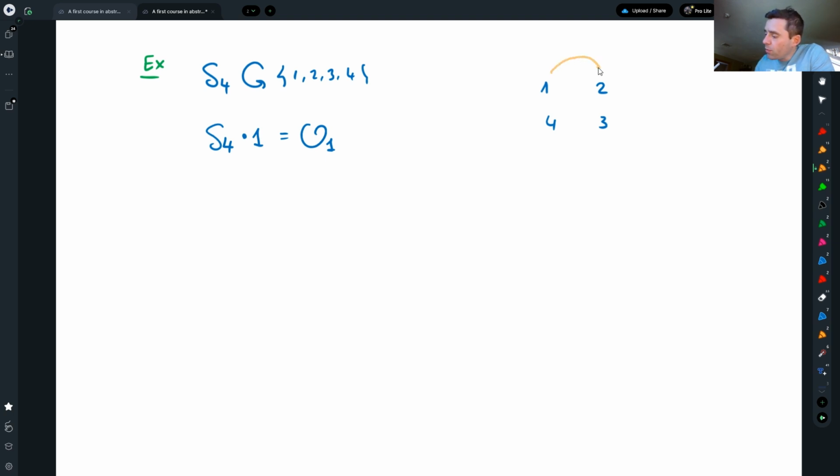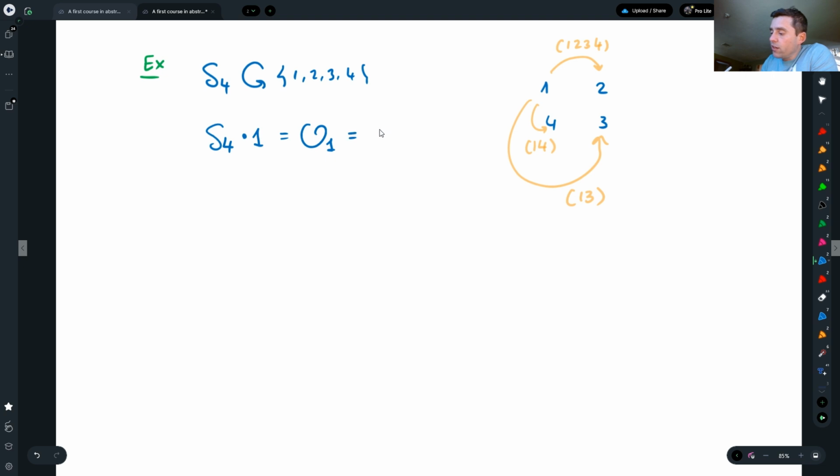From 1 to 2, I have, let's say, the element (1 2). From 1 to 3, I can take the element (1 3). And from 1 to 4, there's an element in S4, which is (1 4). So you can see that everything will be in the orbit of 1. So the orbit of 1 is all of X.